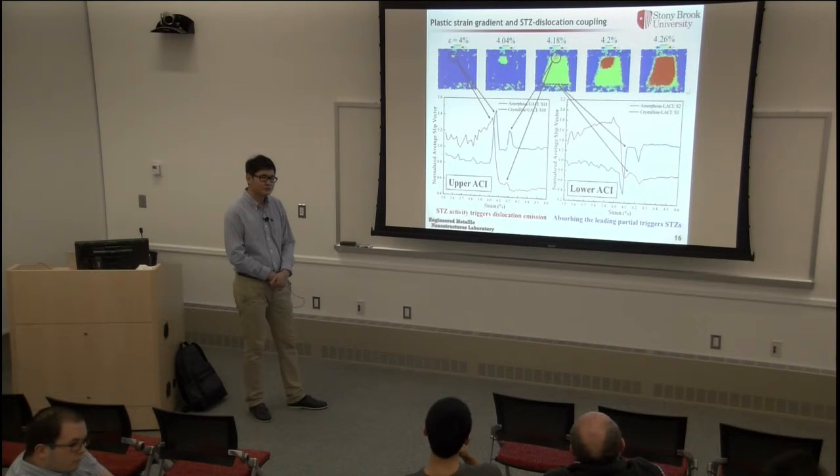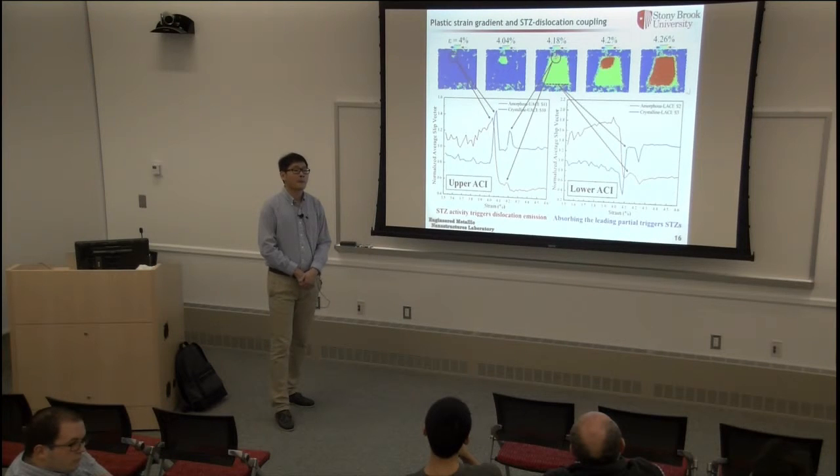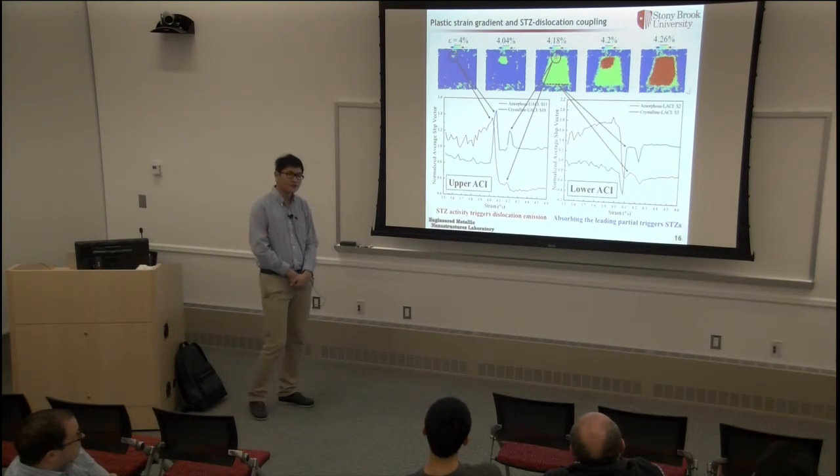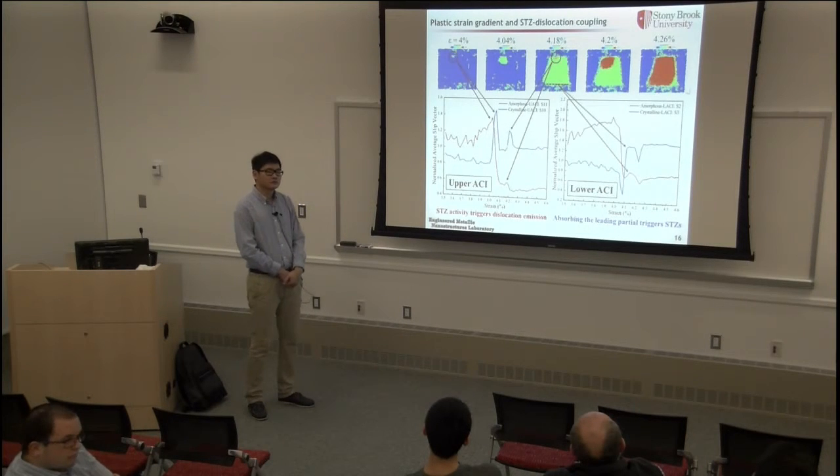Which I believe is occurring due to a strain transfer process between shear transformation zones being activated and your dislocations being nucleated into the crystalline layer, which suggests that it's more of a free volume type of argument. Although you can't rule out stress concentrations, because if you have a shear transformation zone activated at that interface, which results in that interface shearing, that will create a stress concentration and kick a dislocation out.